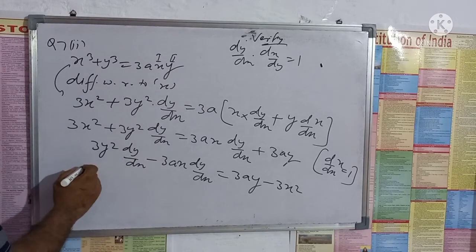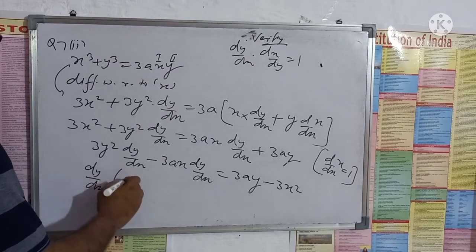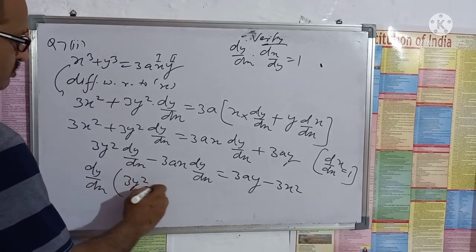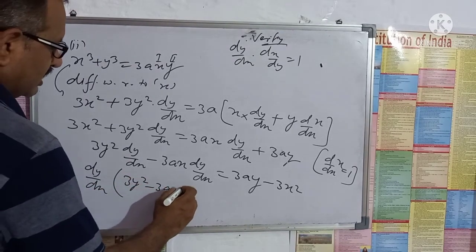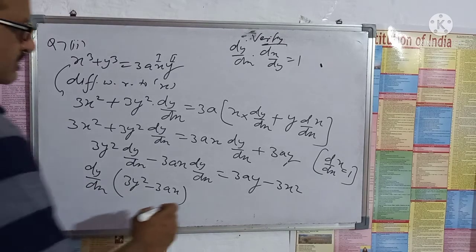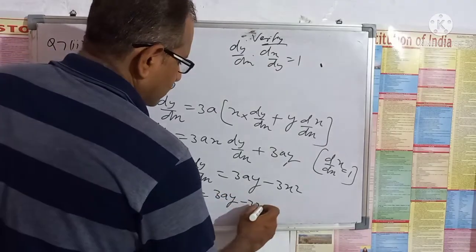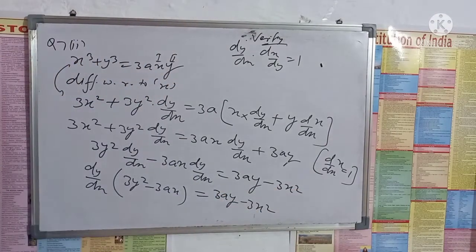Take dy by dx common. What will we get? 3y square minus 3ax, times dy by dx, is equal to 3ay minus 3x square.